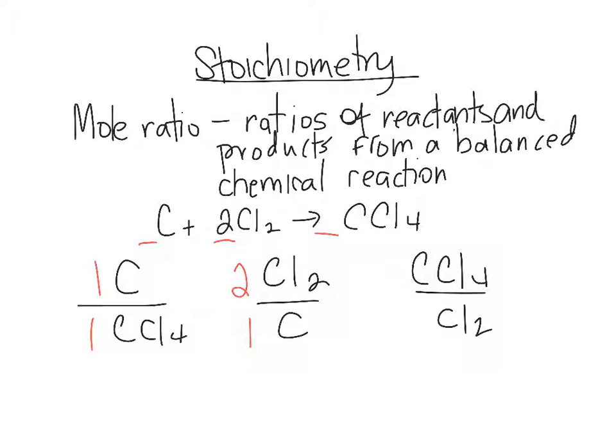What's the ratio? 1 over 2. You put down the ratio of the chemicals that you want, and the number in front of them from the balanced chemical equation goes in front of them. That's called a mole ratio. And we're going to use them.